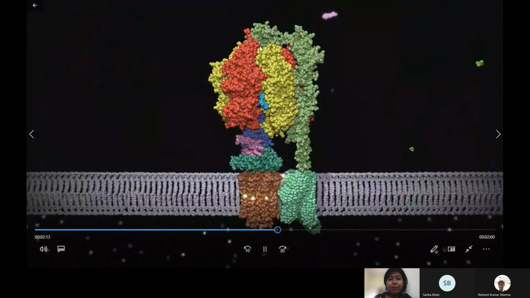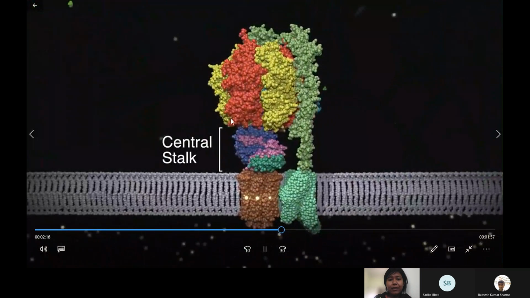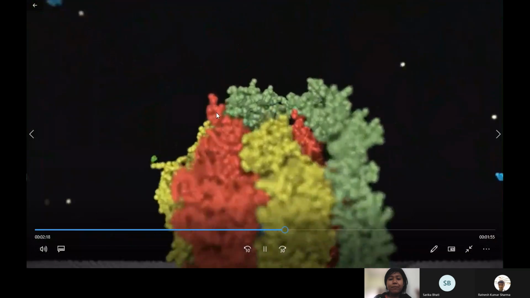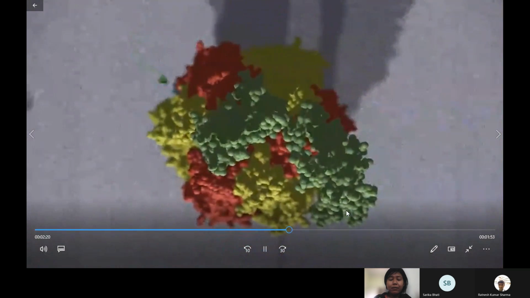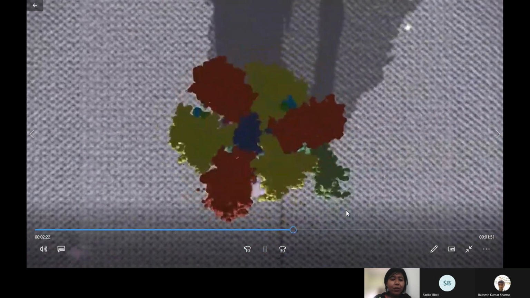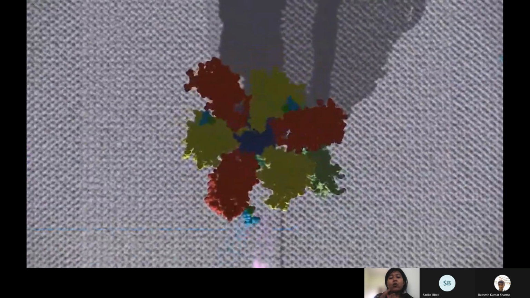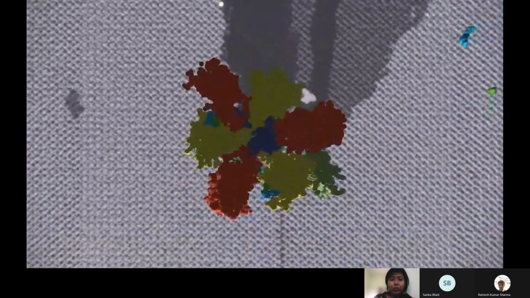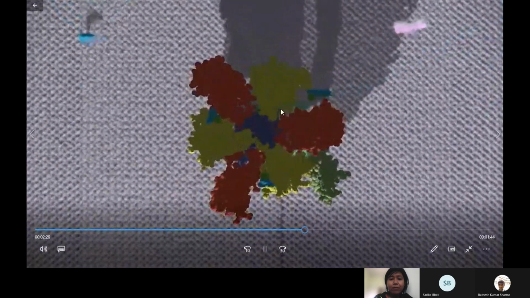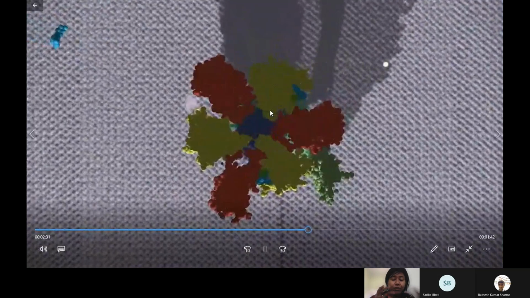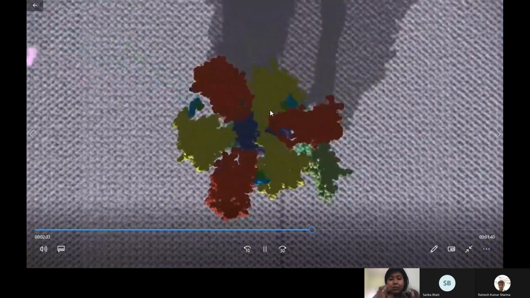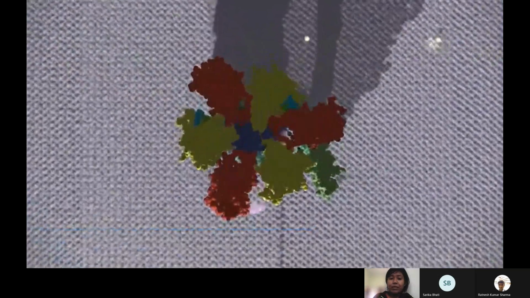But just keep notice of the fact that this head is actually not rotating. Neither is the associated beta subunit. So what happens when the stalk rotates? Every time the stalk rotates, it translates into conformational changes occurring in the beta subunit. The associated beta subunit is not rotating, neither is the alpha.